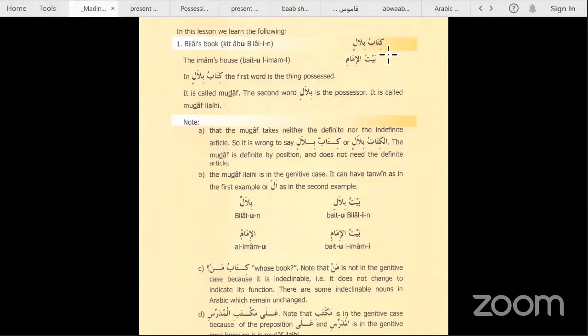So yadi means my hand is on Allah's book. Yadi is my hand. Then ala is a harf jar, a preposition, and as we know, whenever a preposition comes, the noun which comes after it is in the state of kasra, meaning majroor, the genitive case.